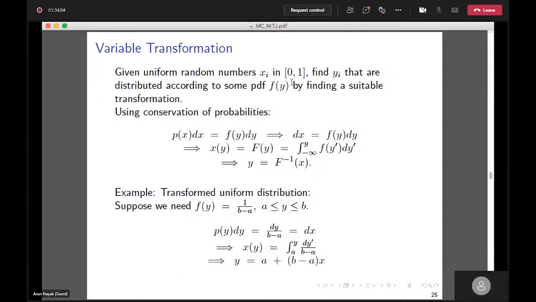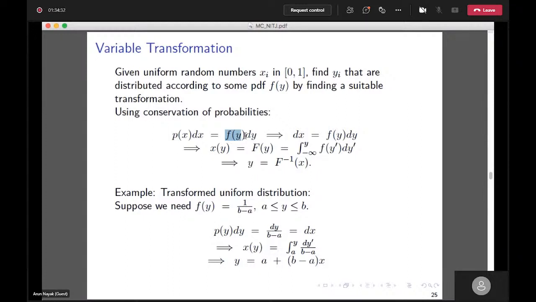If we want to go from one distribution to another distribution, then we can use the conservation of probabilities. Suppose x is generated with a uniform distribution, so P of x is uniform, and we want to get a different random number y with a different PDF f of y.